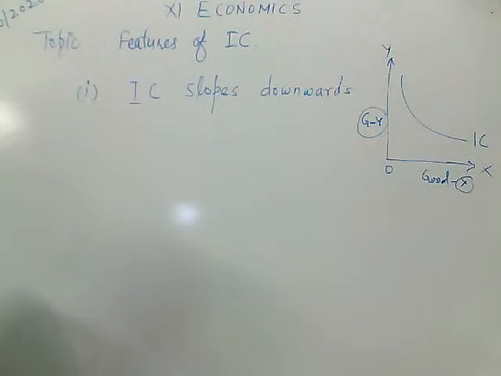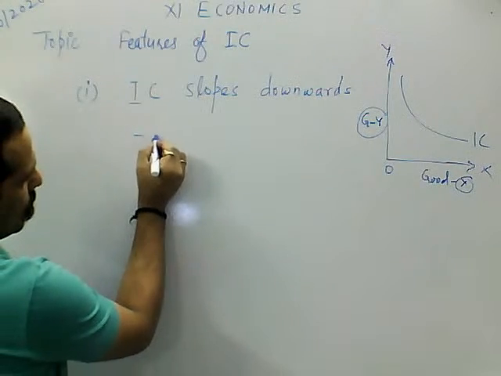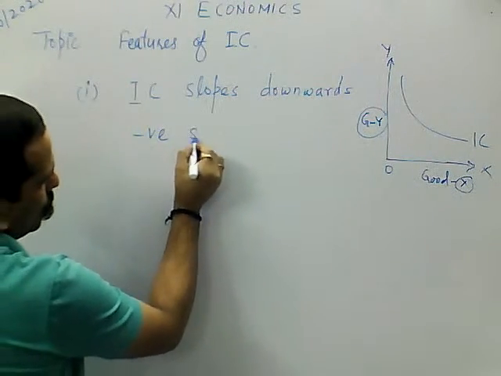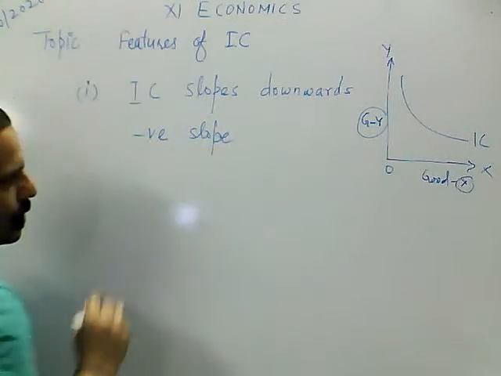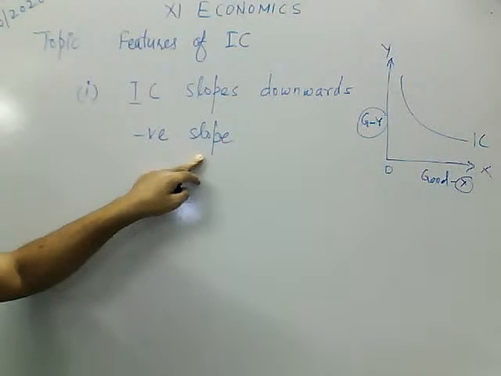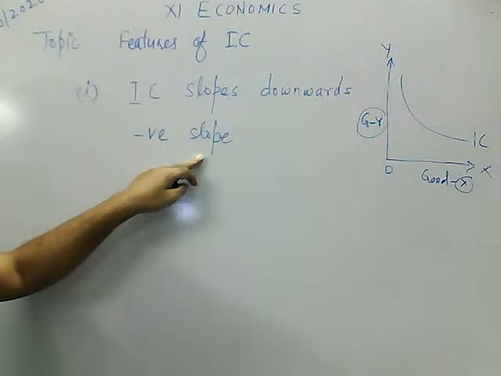So, what does it mean? Downward sloping means that the indifference curve has a negative slope. Why negative slope?